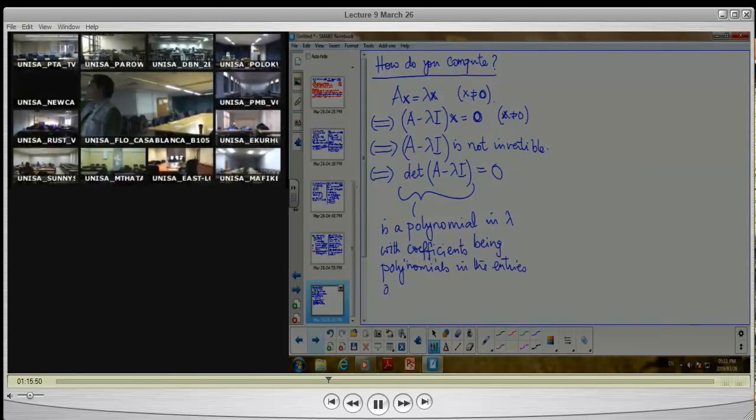Therefore, this is a real polynomial, and it is usually denoted by chi A of lambda. This is called the characteristic polynomial.